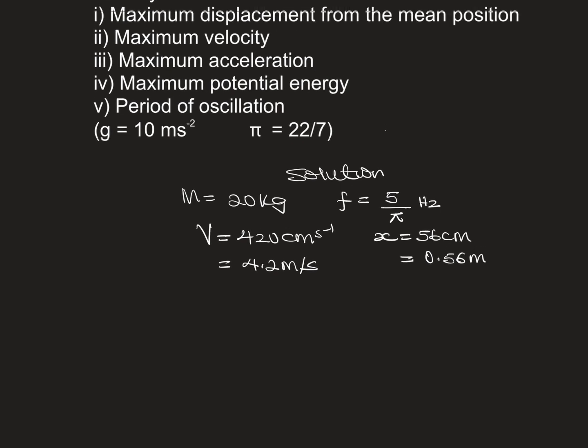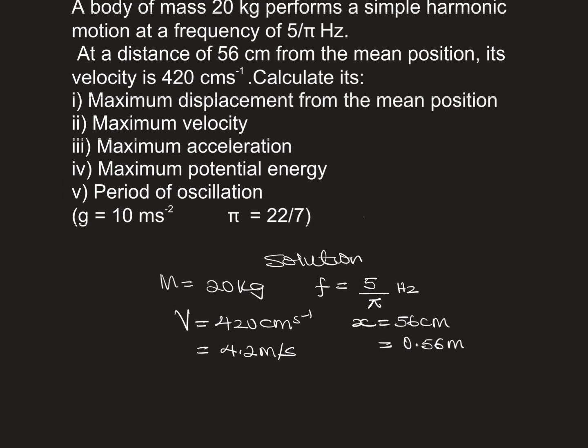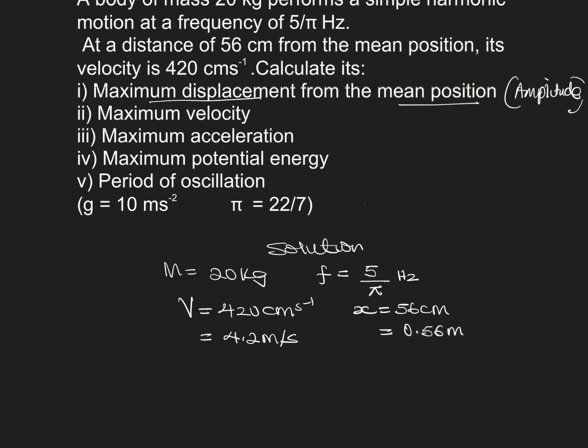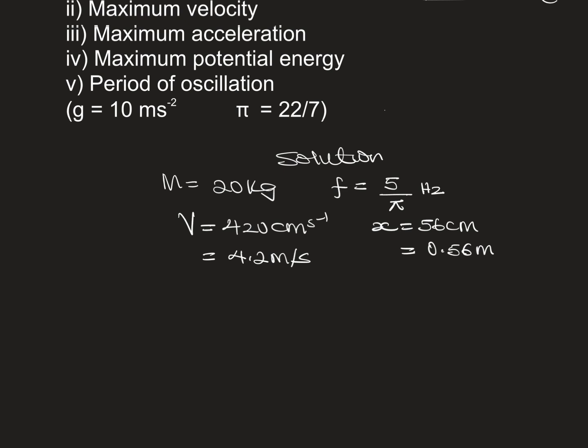So the first question is the maximum displacement from the mean position. The maximum displacement is also called the amplitude. Basically we are asked to find the amplitude. So using the data that I have above, the mass, the velocity, the frequency, I should be able to use them to find the amplitude.